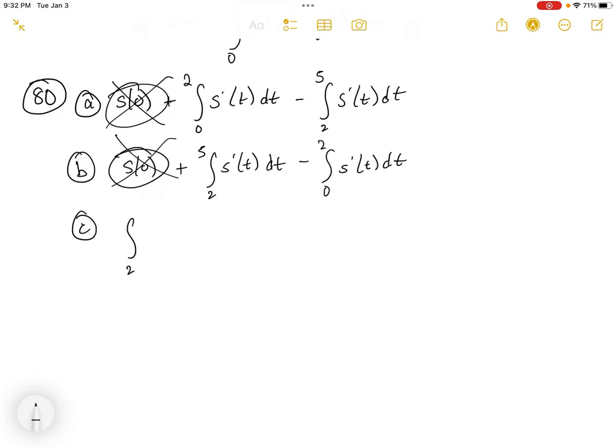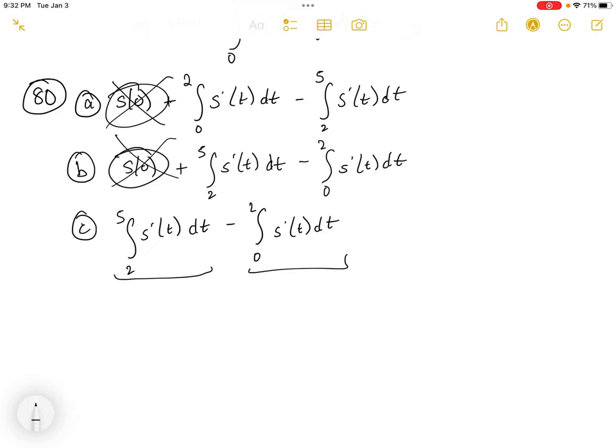Let's think about the next one. So we have these two integrals, and this is saying this guy is where we're decreasing, so s prime is negative, and here we're subtracting where it's positive. So that doesn't seem like that's going to give me a very positive answer.